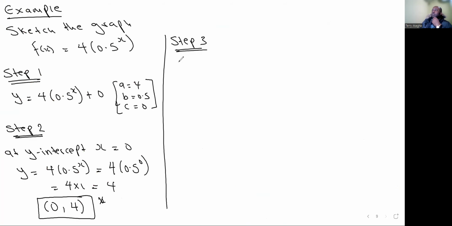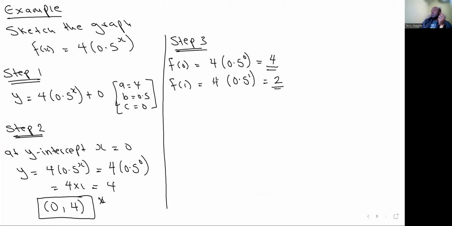So step 3, let's first start with f of 0. f of 0 will become 4 times 0.5 raised to the power 0, and the answer you will get here is 4, because 0.5 raised to the power 0 is 1, and 1 times 4 gives you 4. Now f of 1 is 4 times 0.5 raised to the power 1. The answer is 2, because 4 times 0.5 gives you 2.